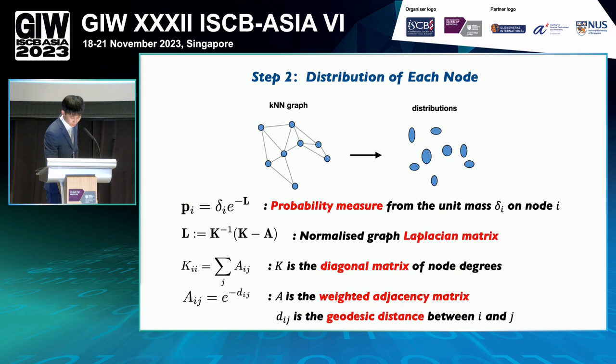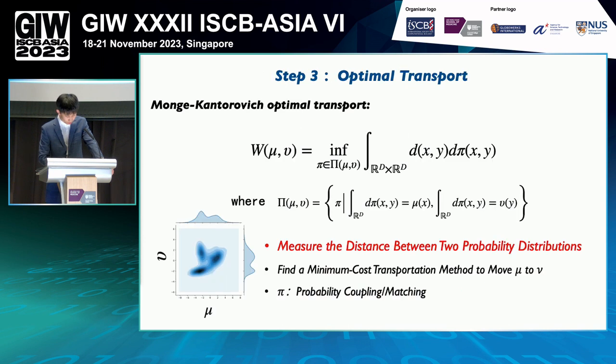The probability distribution Pi for cell i is calculated by normalizing the graph Laplacian matrix. After giving a distribution to each cell, we next compute the Wasserstein distance between cells. This distance is calculated by optimal transport and measures the distance between two distributions.